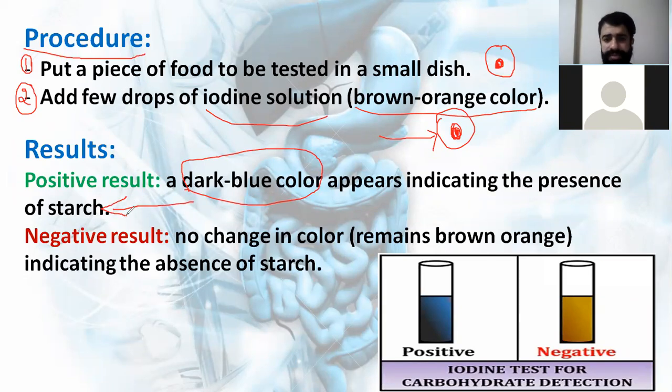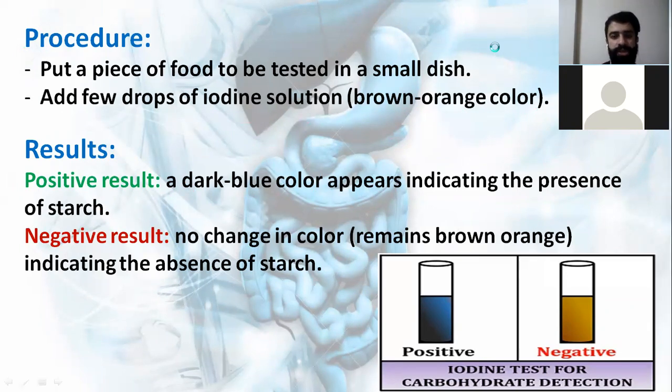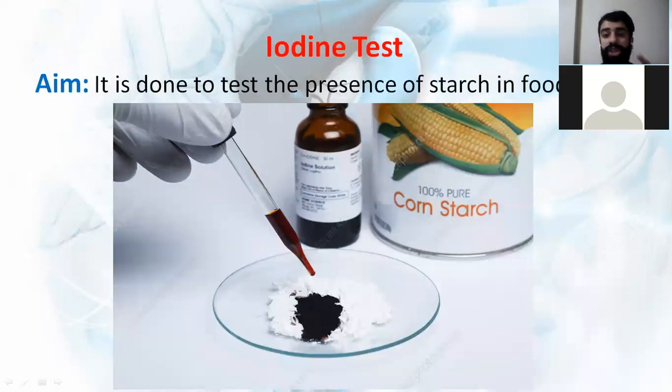So the iodine test aims to test the presence of starch. Always and always, you have to know from now on that this is done to test for the presence of starch in food.